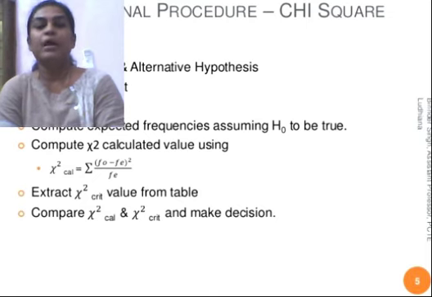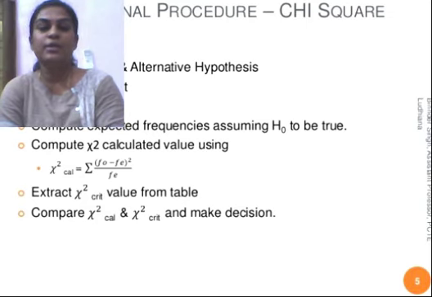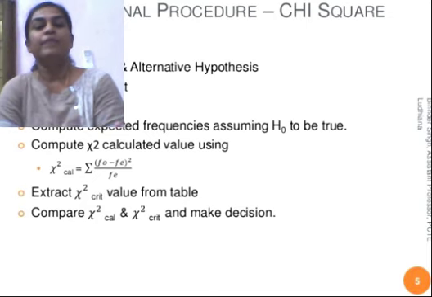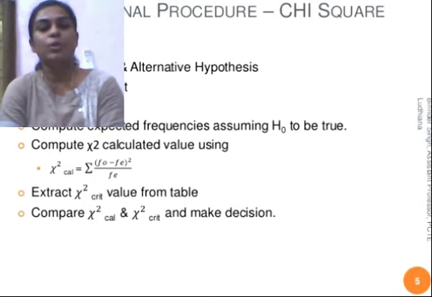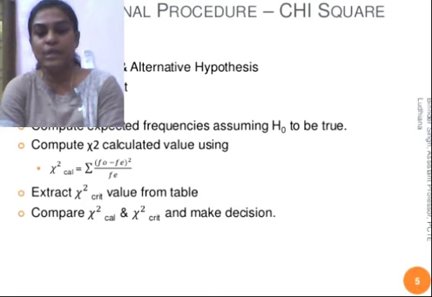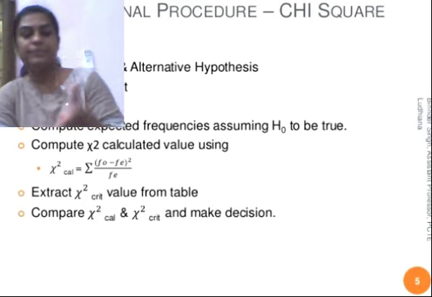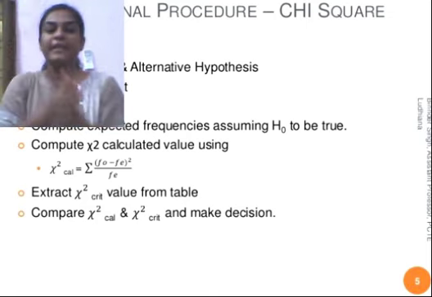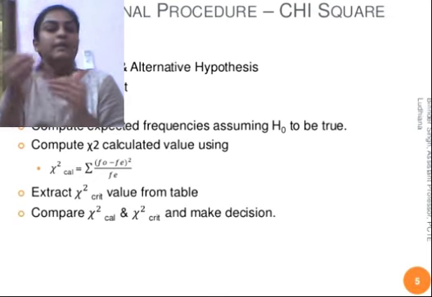Then compute chi-square, that is the X square calculated value, using the formula sigma of (f0 minus fe) whole square divided by fe, where f0 is the observed frequency and fe the expected frequency. Later, extract the chi-square critical value from the table. Then compare the calculated value with the critical value.